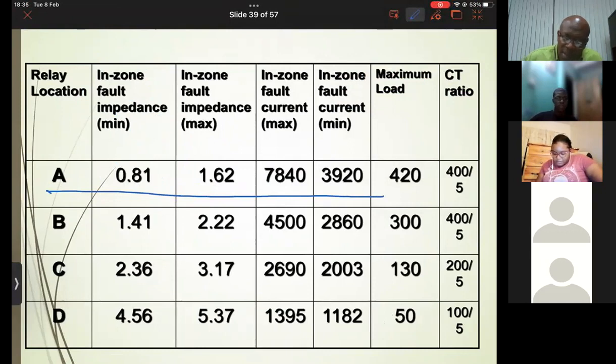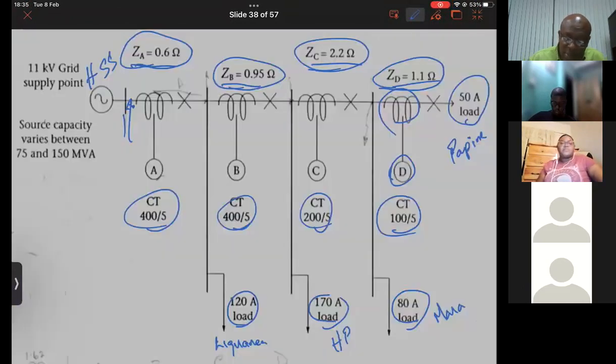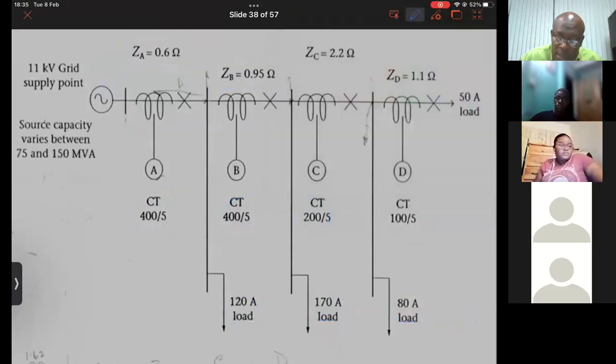Yes, sir. Now, let's look at the loads. So I'm going to look at the loads for each of these relays. If we go back to the network, relay D, can we see that it will have 50 amperes? Are you comfortable with that?